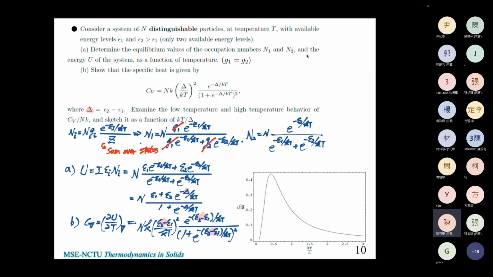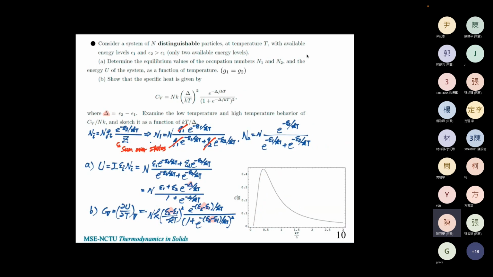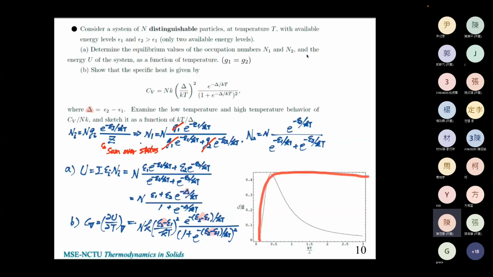But now we only have two, so the contribution of two energy levels to CV is only like this. At higher and higher temperature, the two energy levels don't give a big contribution to CV. This is a really interesting toy model, and it tells you this is a toy, not what the real world looks like. The real world should look like this because this part is supported by other higher energy levels.